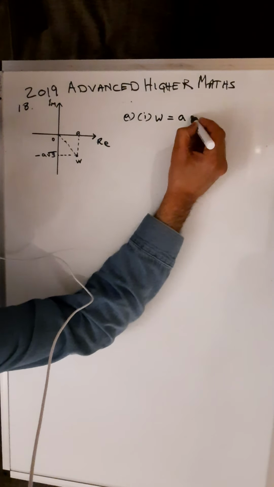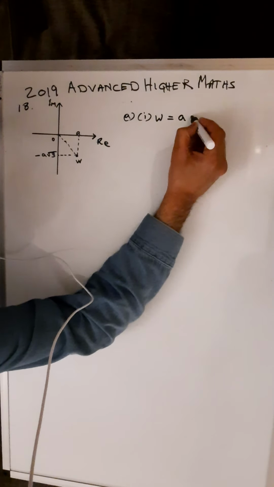Your next root would be, this is the first root. The second root would be, this is Z1. Z2 would be when n is 1. So what you have is cos minus pi by 3 plus 2 pi all over 3 plus i sine pi by 3 minus 2 pi all over 3.